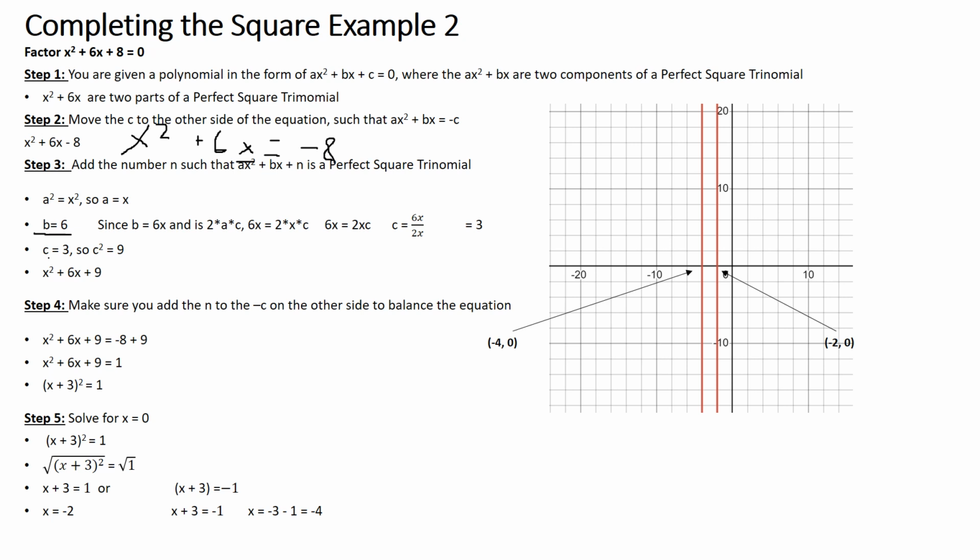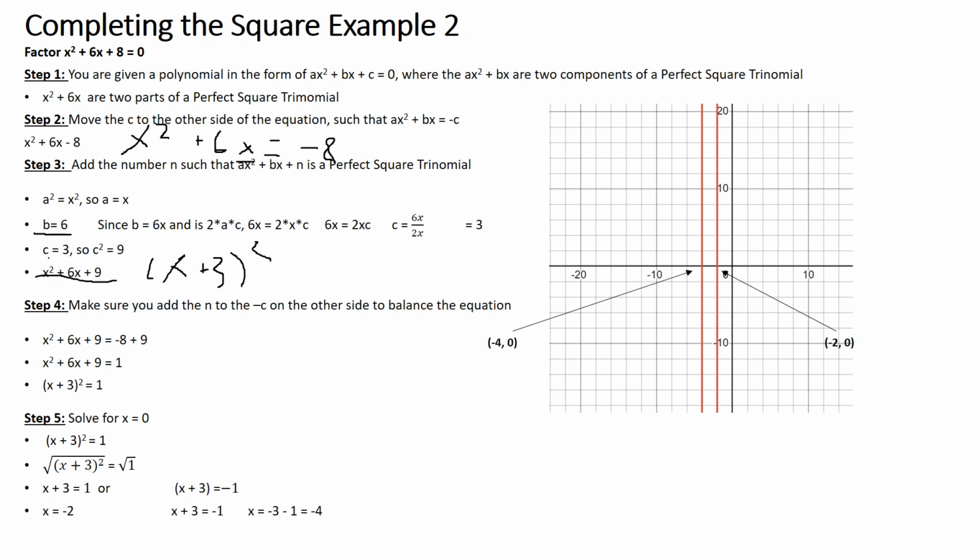So to make it the perfect square trinomial, x squared plus 6x plus 9 equals negative 8 plus something. x squared plus 6x plus 9 is a perfect square trinomial, which is (x plus 3) squared.